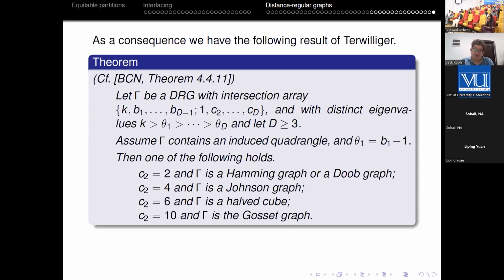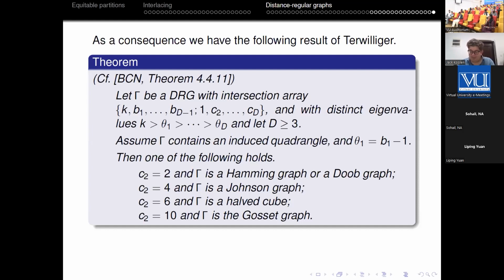So this says that the Hamming graphs and the Johnson graphs are essentially characterized by their intersection array. I will not discuss the other graphs today. For the Grassmann graphs, they are almost always characterized by their intersection array, except for the Grassmann graph J_q(2D+1, D).